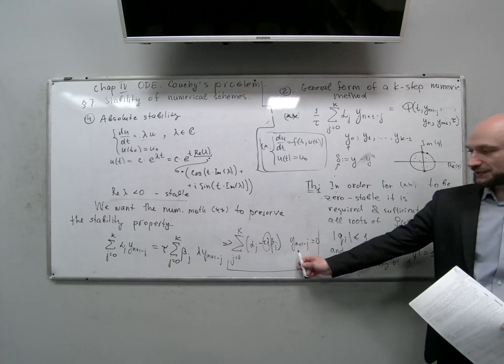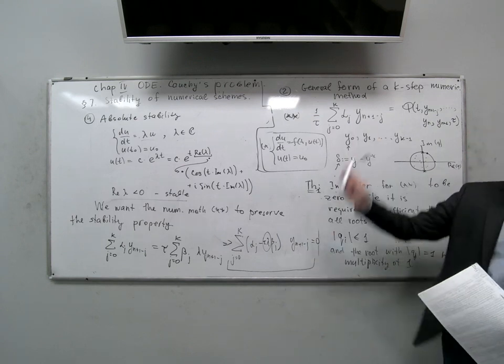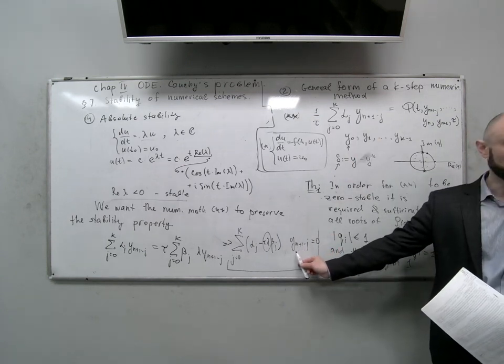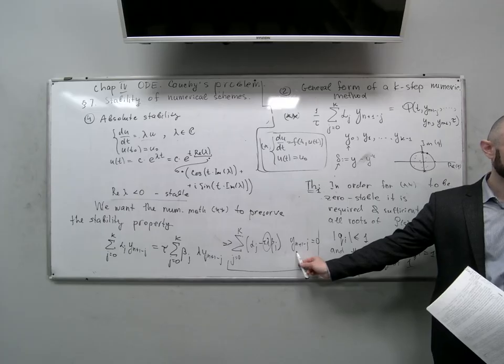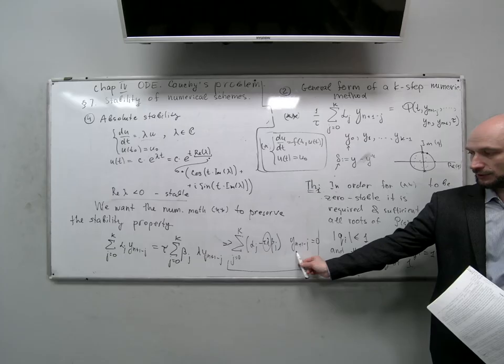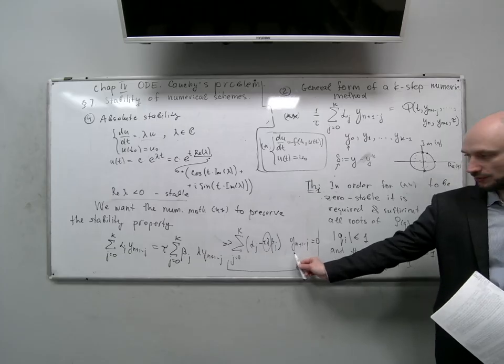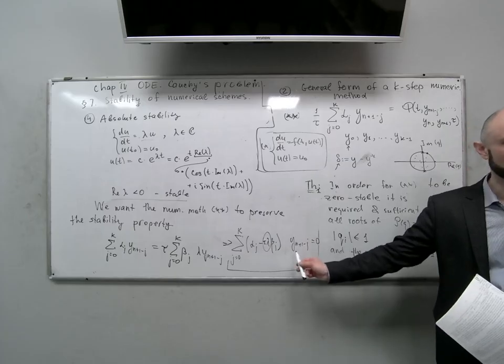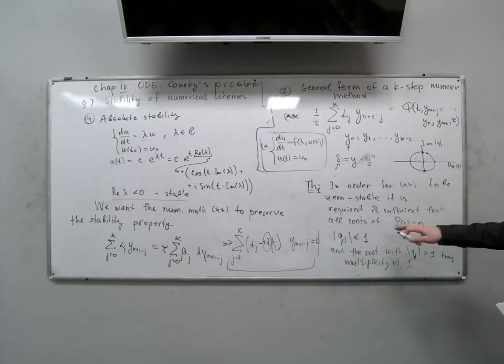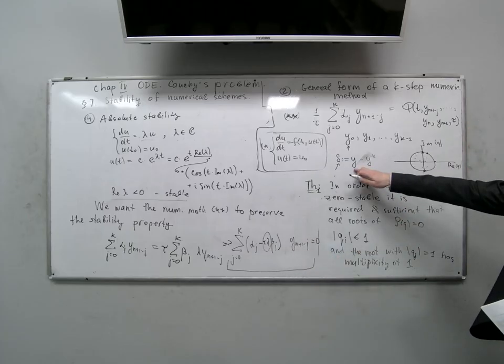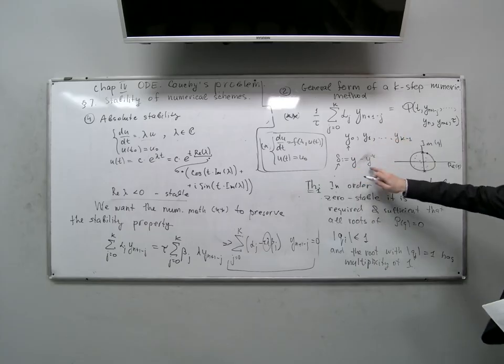As before, since our scheme is linear, the error, the delta vector, will also satisfy the same equation. So we can write delta here instead of y, and delta is the difference between the exact solution of this problem and the disturbed solution.